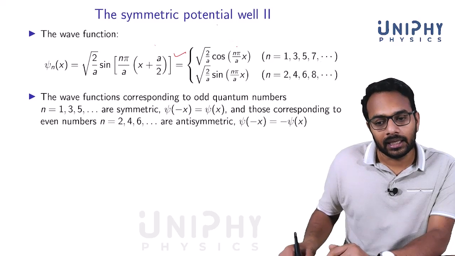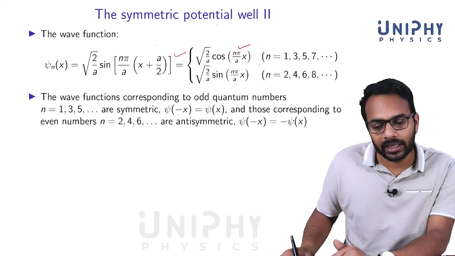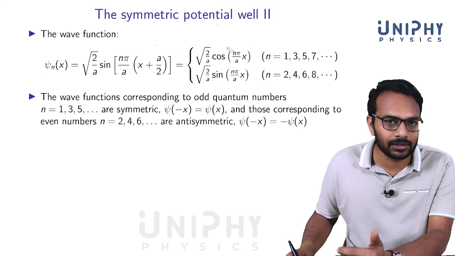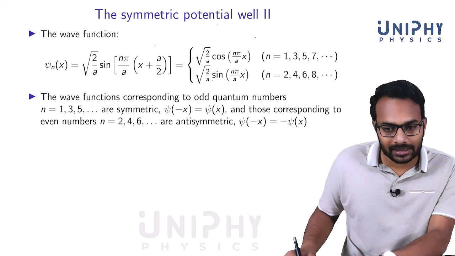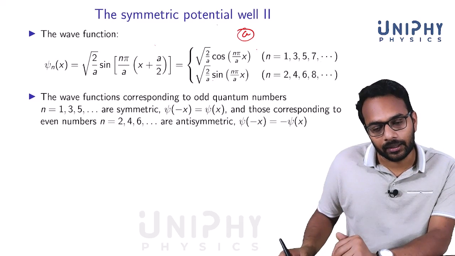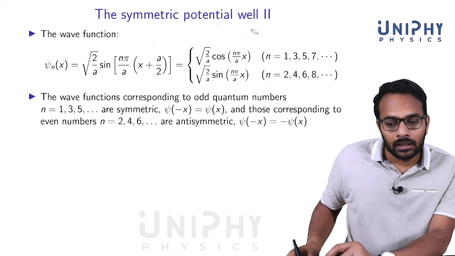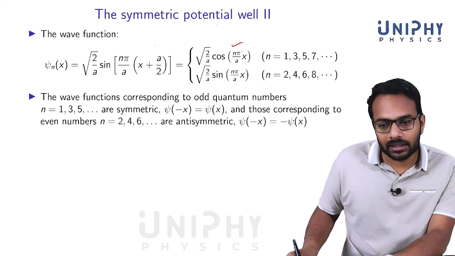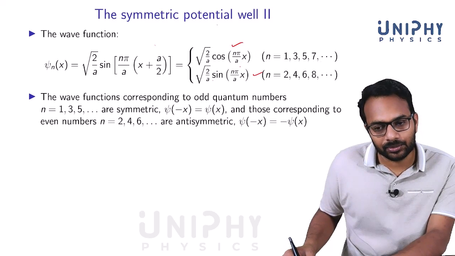This is easy to remember: for n equal to 1, 3, 5, 7, it's cosine; for n equal to 2, 4, 6, 8, it's sine. You remember that the width of the well is still a. So these are even and these are odd functions, just as we said.